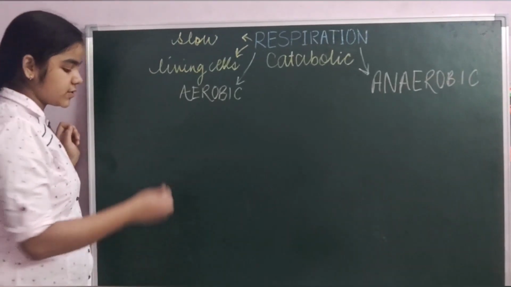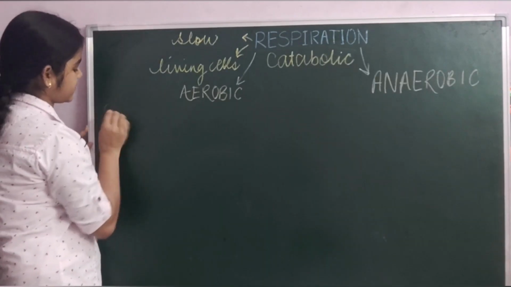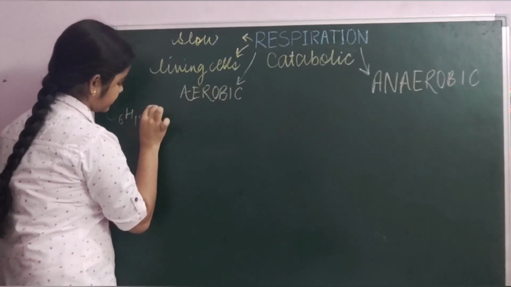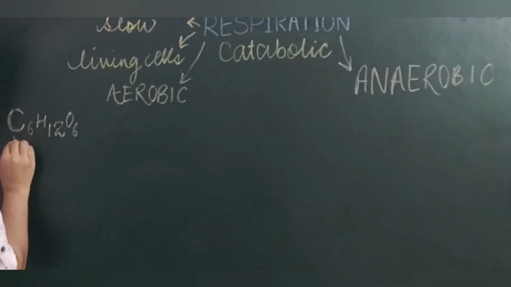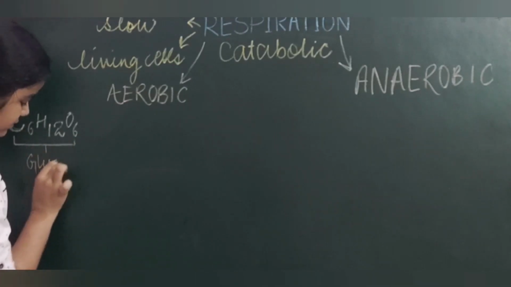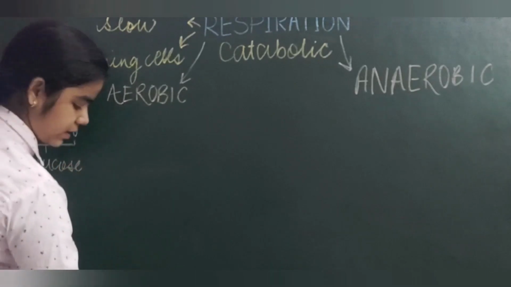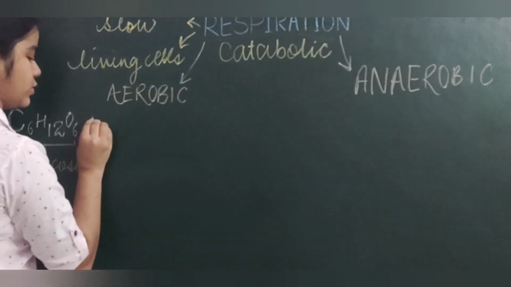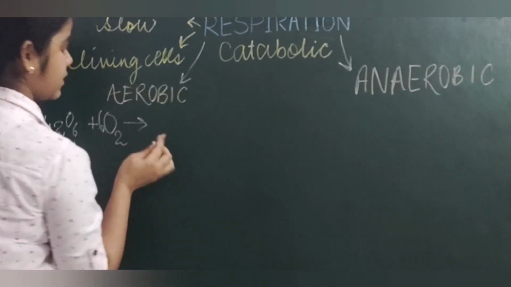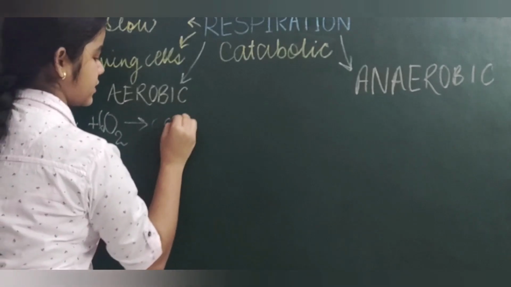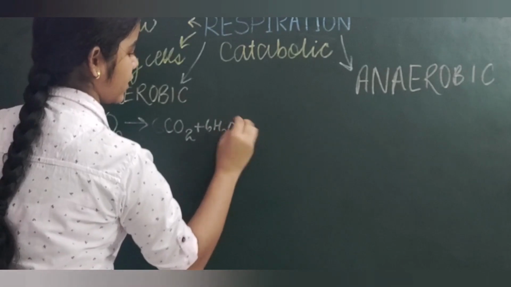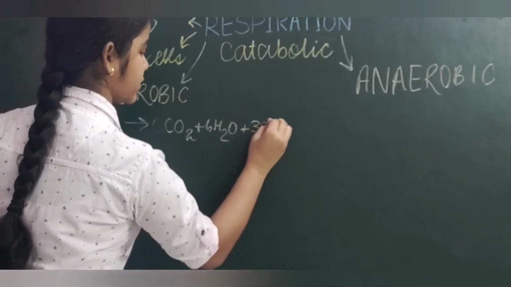Now, what is so different in these? Writing the chemical equation, glucose is C6H12O6. When glucose along with oxygen is used, then 6CO2 plus 6H2O along with 38 ATP is formed.